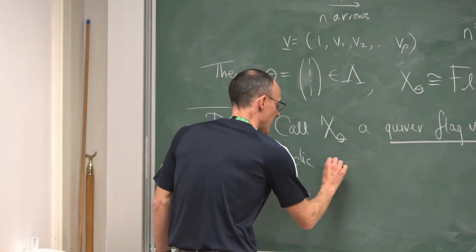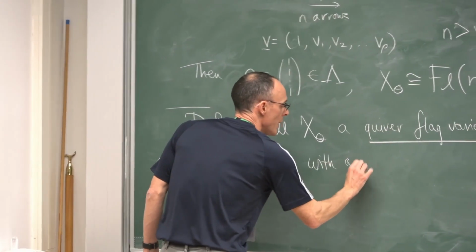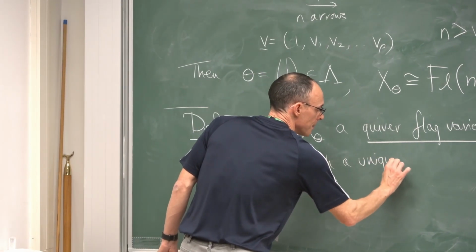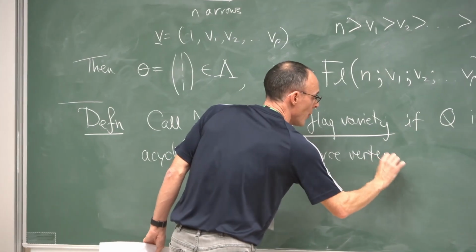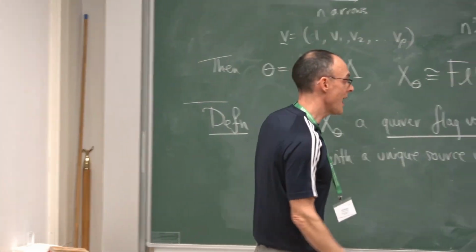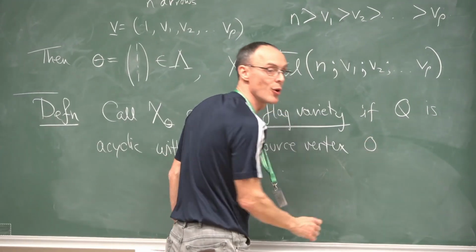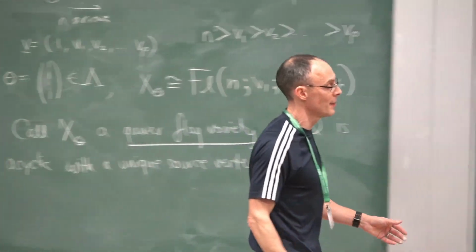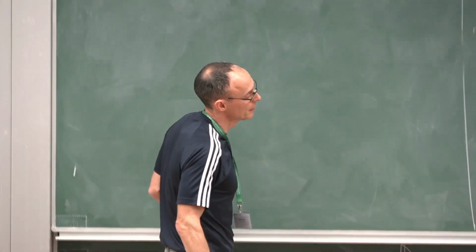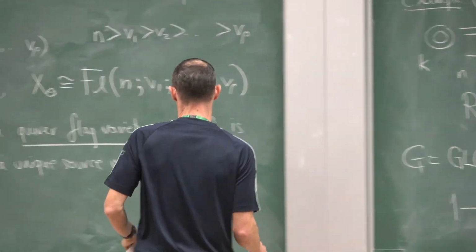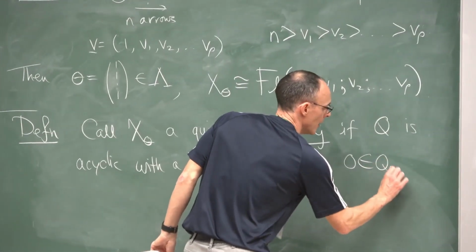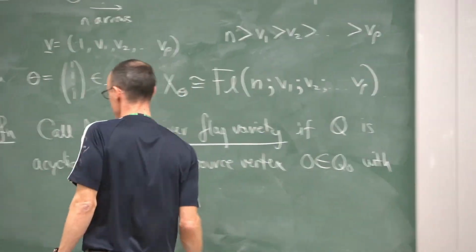If Q is acyclic with a unique source vertex. And that's the case for all the quivers you've seen so far. And in fact, I want to choose the source vertex and I want to call it 0, the same one that I gave dimension vector 1 to this point, which I just wrote there. Same vertex 0, and I'm going to assume v0 is 1.